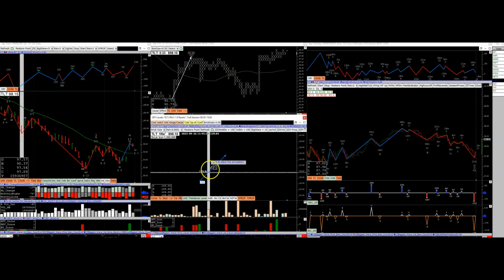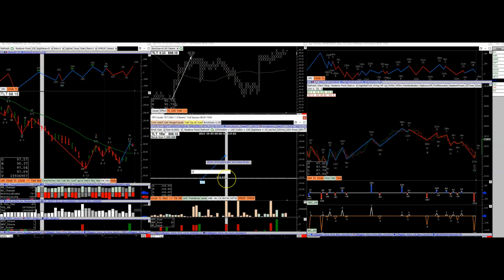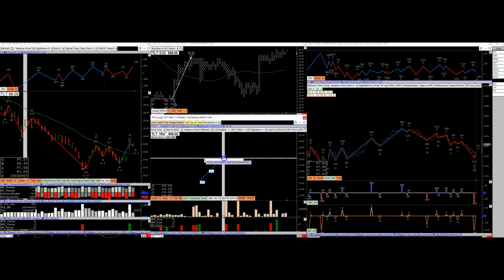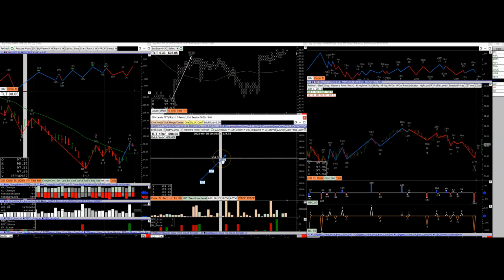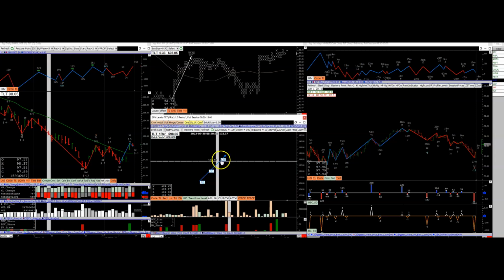Then, when it takes out a high, like a prior high, you will have a breakout brick. And finally, it will terminate with some type of climax brick. So one to start, one to continue, one to end the move. And this is typically the case with any rally, okay?